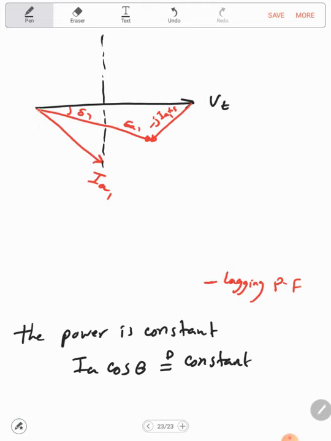So simply this one from here to here must be constant.